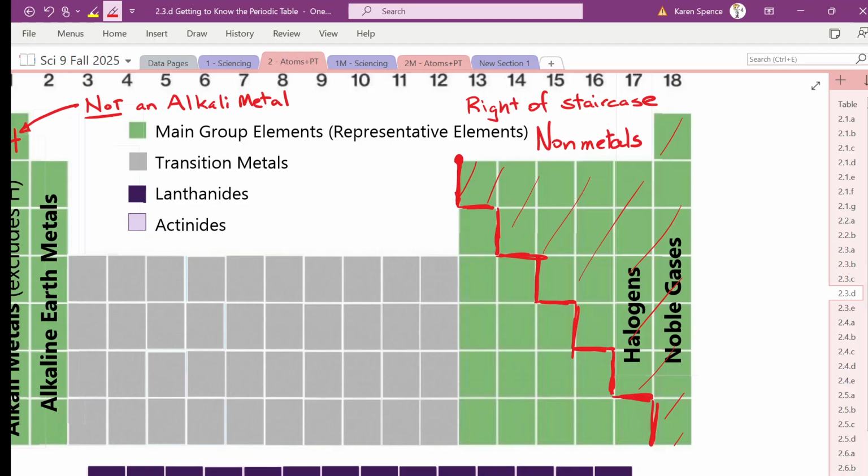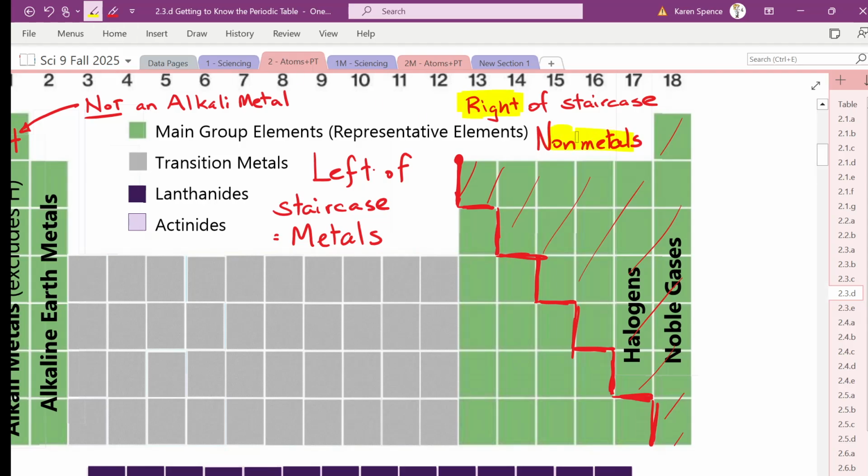And we can worry about the metalloids later, okay? So right of the staircase, non-metals, left of the staircase, metals.